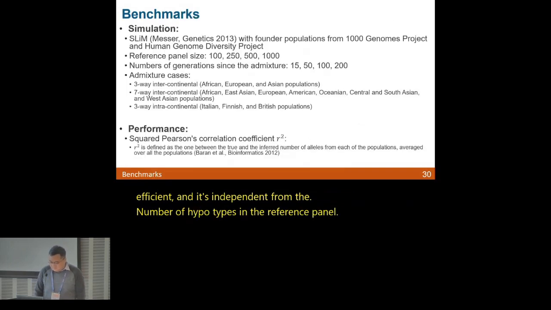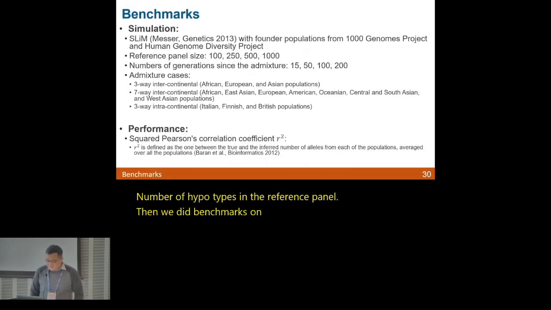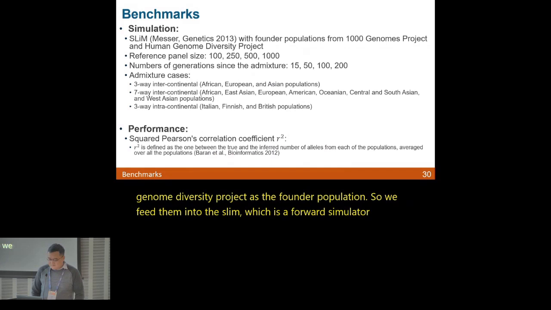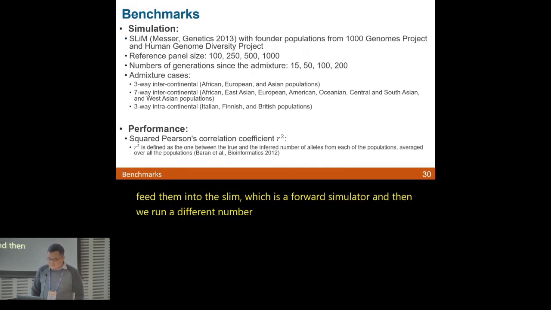Then we did the benchmarks on our method. For the simulation part, we use real data, the 1000 Genomes Project and the Human Genome Diversity Project, as the founder populations. We feed them into SLiM, which is a forward simulator, and then we run different numbers of generations and generate different sizes of reference populations.